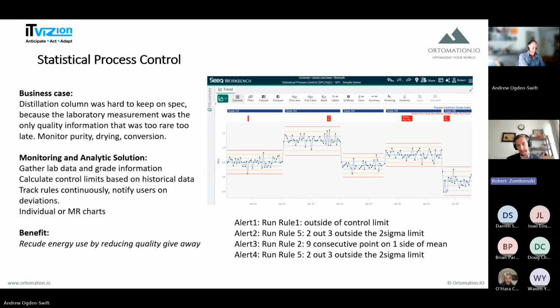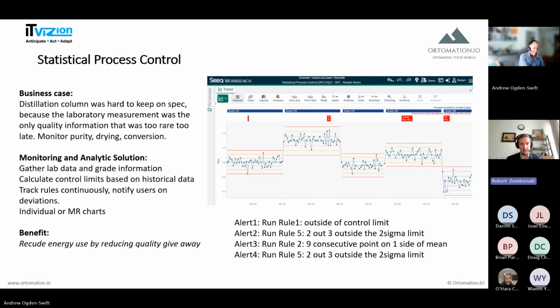There are other rules, like number 3, the third red rectangle. There 9 consecutive points are on one side of the mean. This is also a low probability event, so we have to take action and make sure that we keep the process in control.